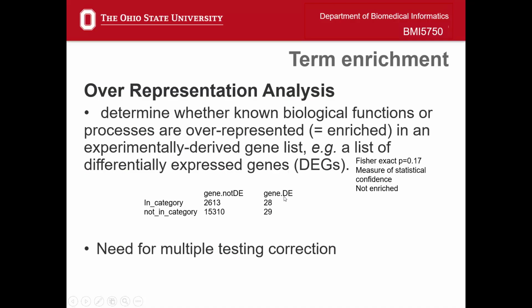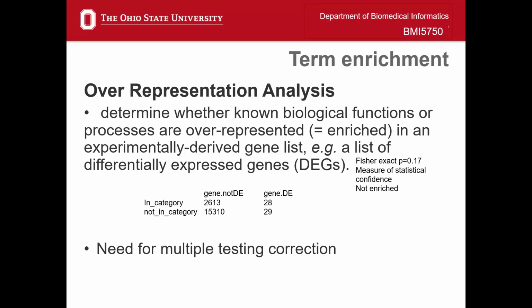We also have to consider all the genes we've tested, genes that are not in differential expression. So we count those up. How many not DE genes are in our category versus how many not DE genes are not in our category? And we test this. You can test it with a chi-squared or a Fisher exact test, but this is our measure of statistical confidence of whether this gene term is enriched in our list more than we might expect by chance.